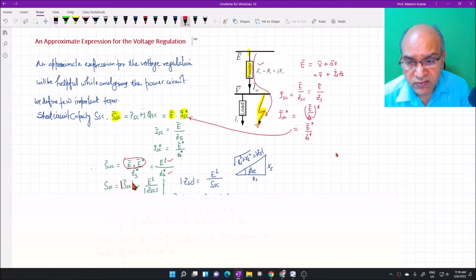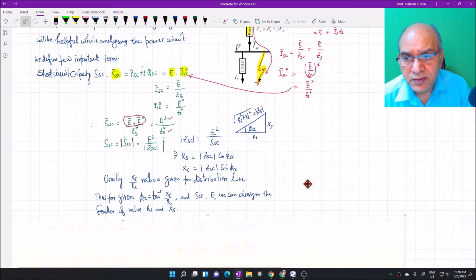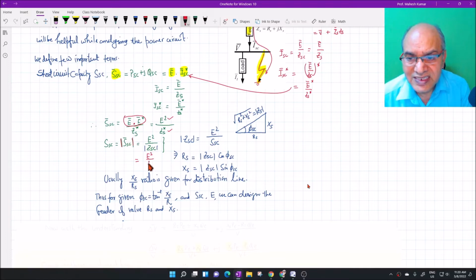Mod of this becomes E square by mod ZSC or ZS. So you can say that the short circuit capacity can be expressed in terms of the voltage square divided by the feeder impedance. So this can also be written as E square by ZS, because ZSC is same as ZS, and that is mod of this.